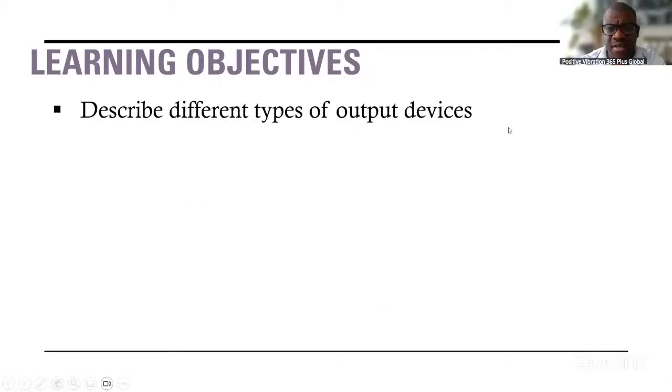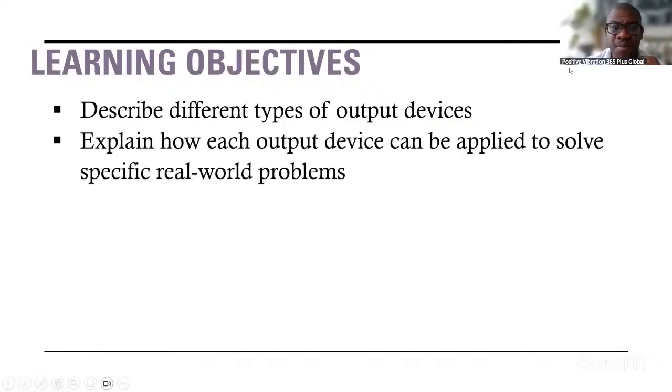My objectives today, and I always want to clarify the objectives because that's how you can determine what you need to know and if you have learned anything in the lesson. This is always your measuring stick. You should be able to describe different output devices. You should also be able to explain how each output device can be applied to solve real-world problems. Why do we have output devices?